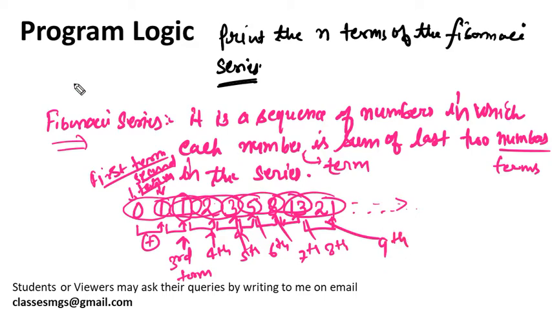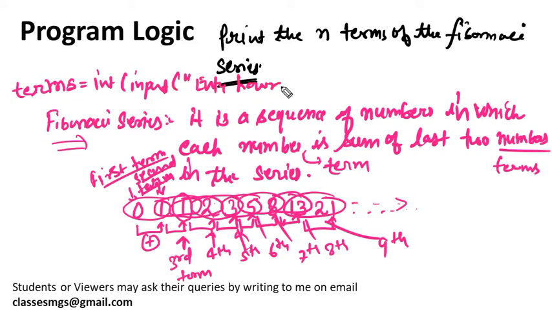You will enter a value n, which is the number of terms you get from the user. Let's say the prompt is: enter how many number of terms you want to print.